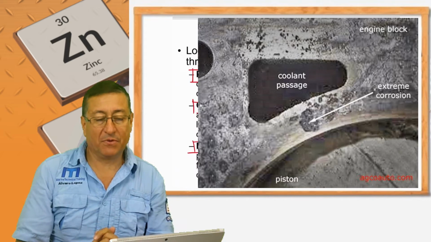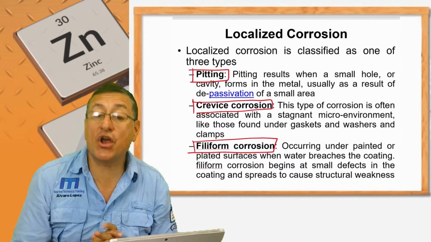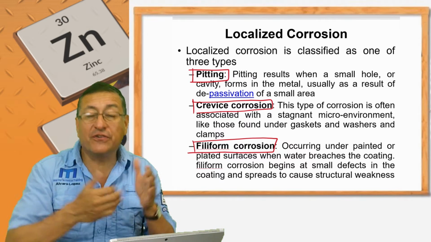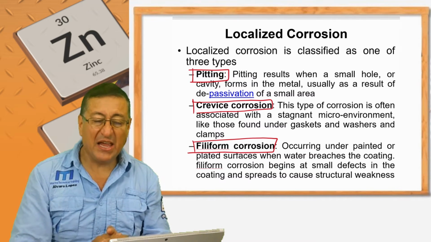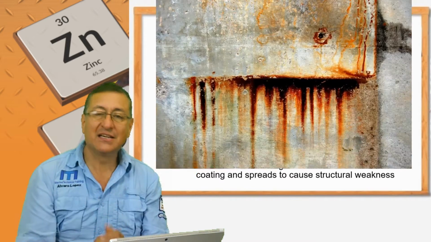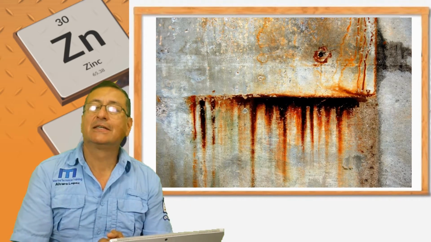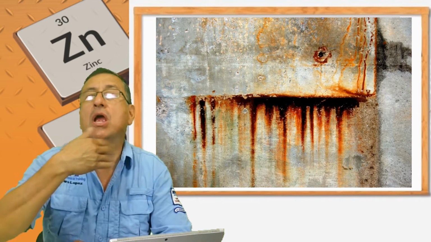This is another example. Filiform corrosion occurs under a painted surface when water breaches the coating surface. This is normally when you use inappropriate coating products.